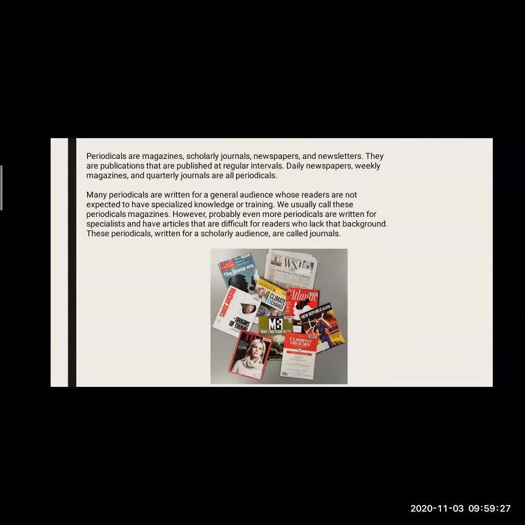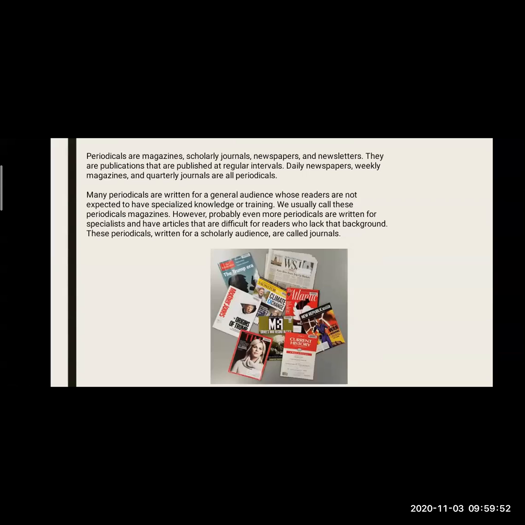Then the periodicals. Now I'll elaborate on this written source, which is periodicals. Periodicals are magazines, you can say, or scholarly journals. Scholarly journals are written by scholars or professionals who are experts in their field. And there are also newspapers and newsletters.